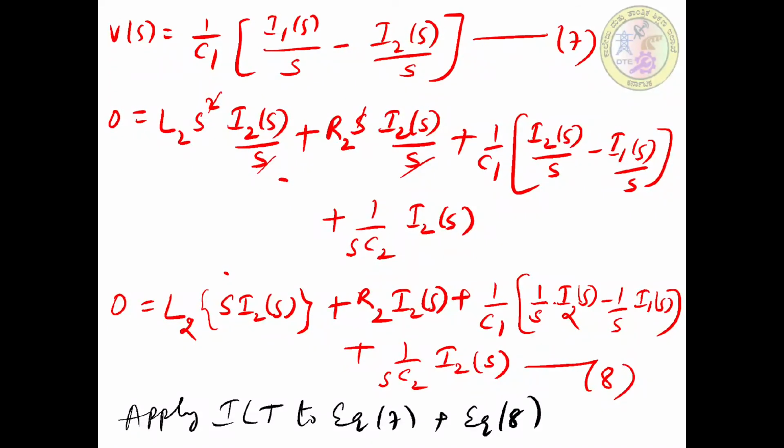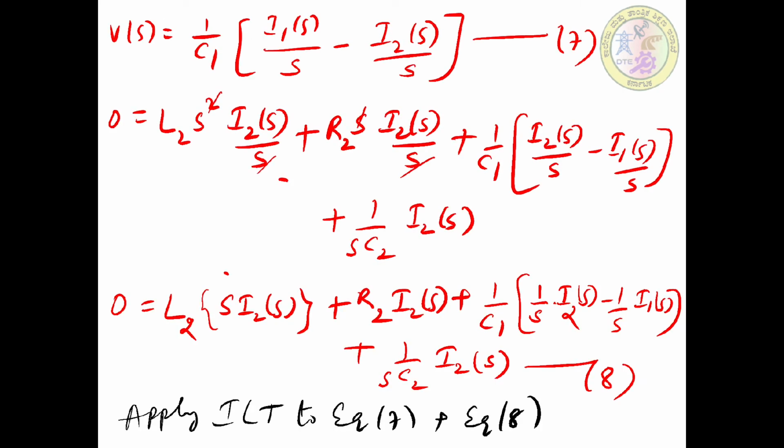Equation 7 and 8. So by applying ILT, we have V of t equal to, see what we have, equation 7, 1 by C1. So this remains as it is.